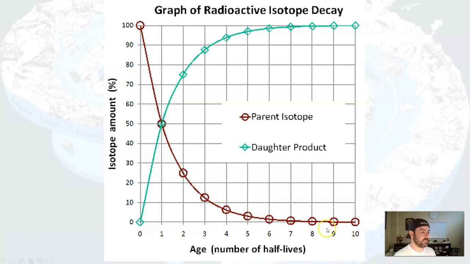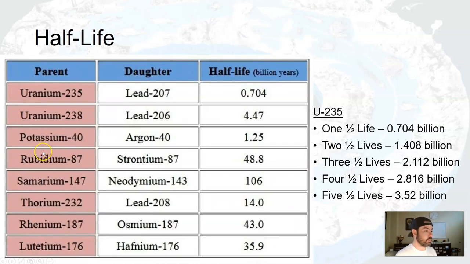So we have this exponential decay, or exponential growth in the daughter product. Usually as we get towards 7, 8, 9, 10 half-lives of time, the particular isotope becomes unusable. That's why we want to choose one with a proper time length to best date the material.